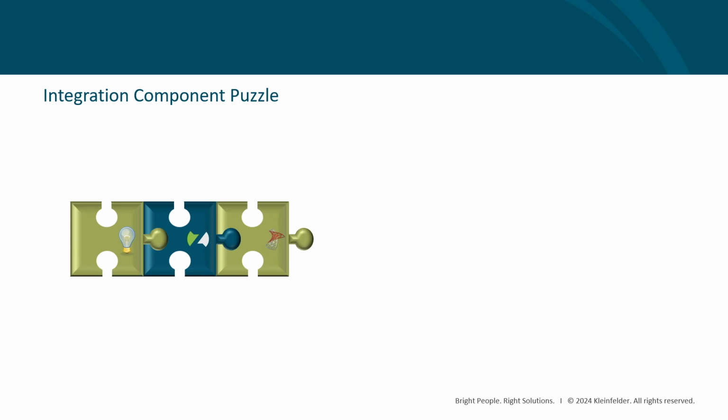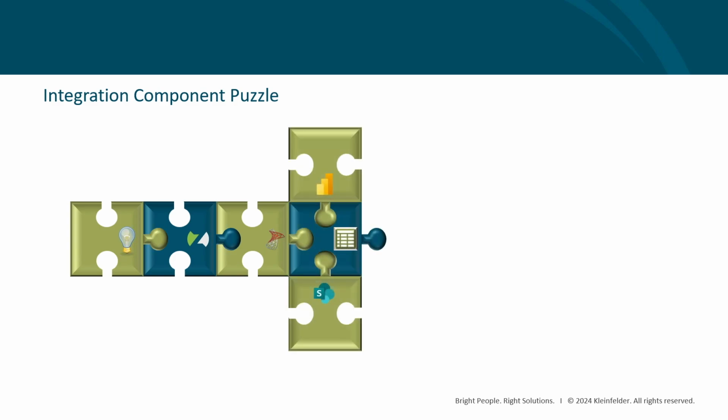The next is how, now that we have the data, we can integrate the data with Power BI. We have data tables, and we have SharePoint. With these integrations, it allows us to collaborate with the office staff, field staff, and clients.